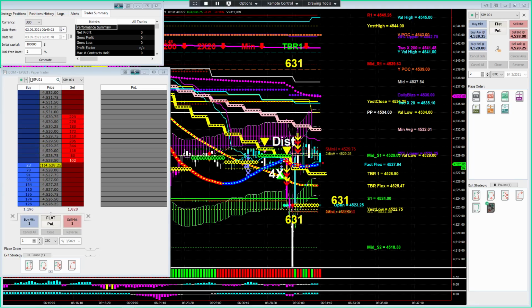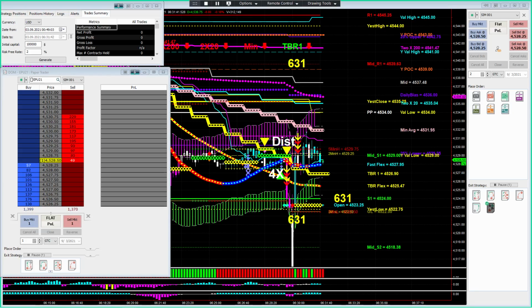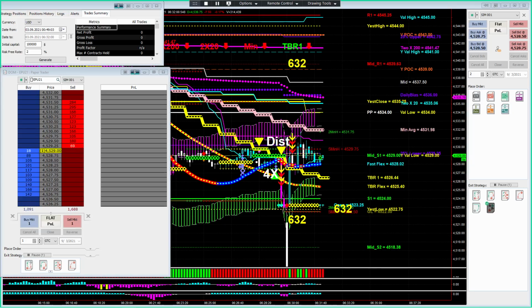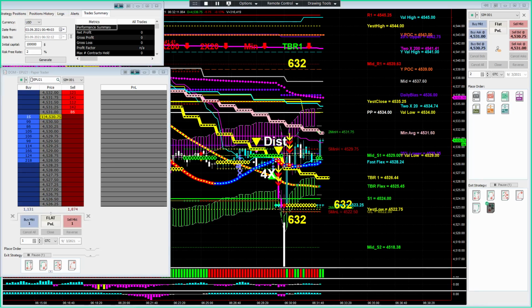Little selling, not too much follow through. Let's see. Up to the top end of this trading range, going back into the minute average as well.